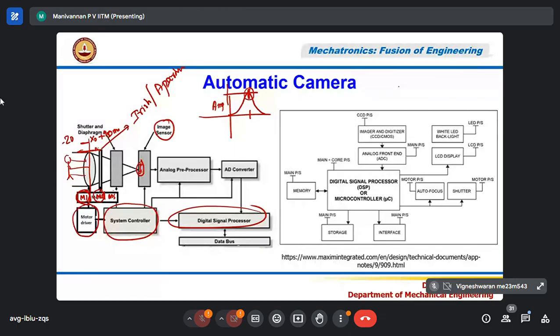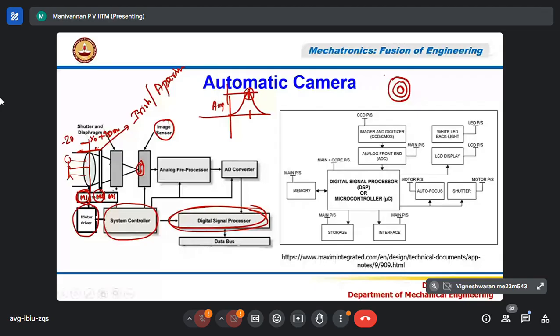It is also called a diaphragm, and it can open bigger and smaller. When there is too much light, the aperture opens very small, which is sufficient to take a good picture. At night, the aperture opens maximum. This is aperture or iris control, and it is all adjusted by the camera control digital signal processor.